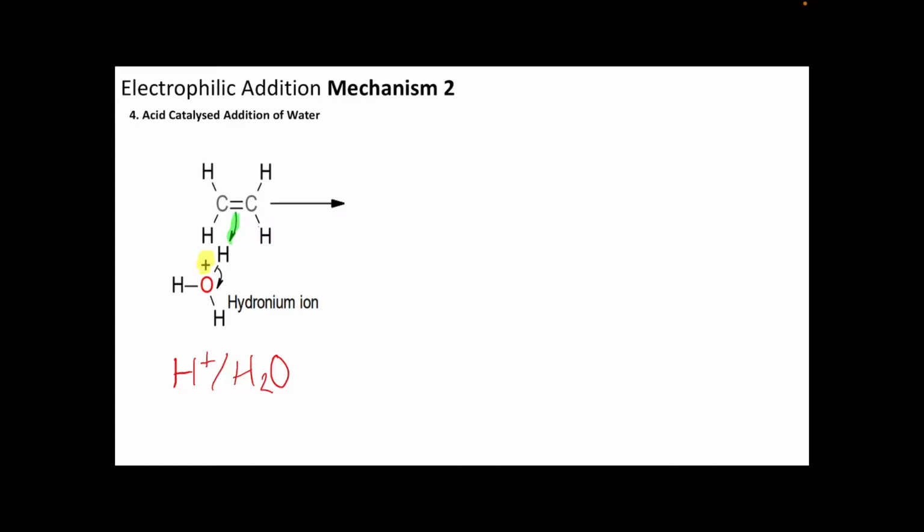At the same time, or once that happens, you can see that two of the electrons from the bond that was between oxygen and hydrogen move onto the oxygen atom. So you will reform water. You'll reform water with its lone pairs.